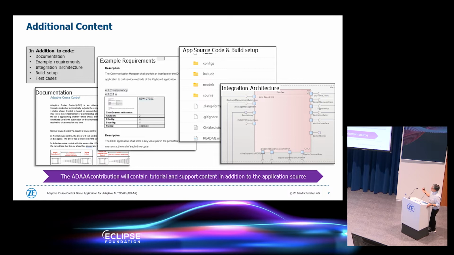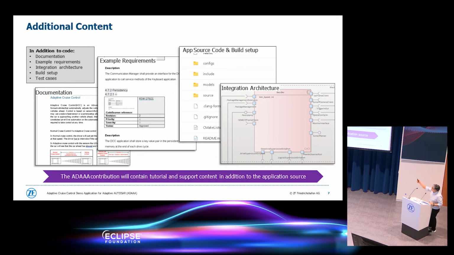And so we provide documentation. We provide these example requirements. Here you see one that says the DCC application shall store a key value pair in the persistence memory at the end of each drive cycle. So then you have a mission when you look into the code and you understand, okay, this small piece of this entire big thing is achieving this, and then you have an idea, for example, with the integration architecture, how can you properly express what you have achieved in automotive compliance, particularly when you think about the software development cycle in a SPICE manner.